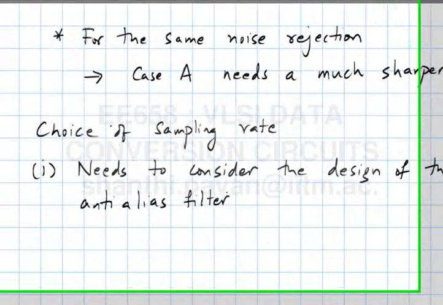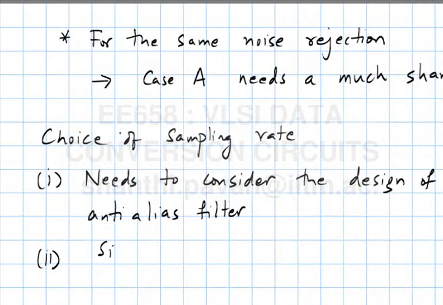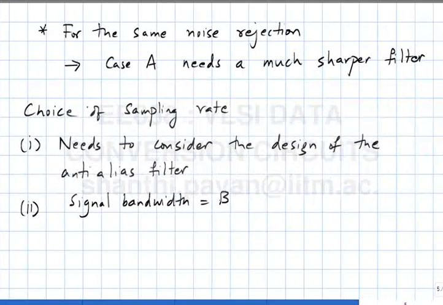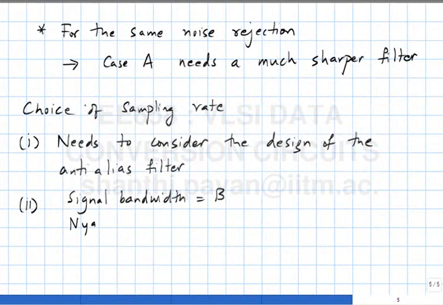If the signal bandwidth is B, then the Nyquist rate is 2B.